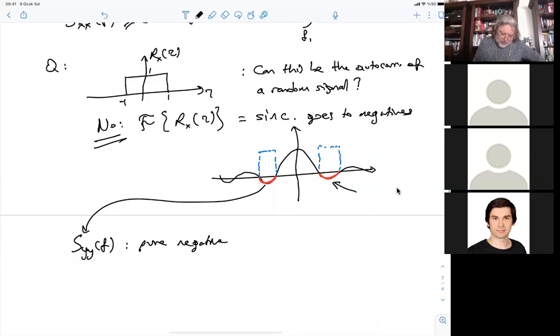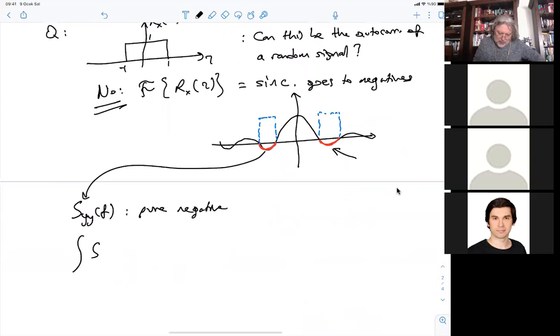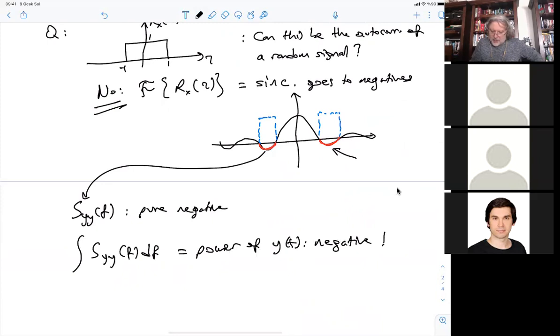And then when you integrate SYY of f to find the power of Y, it will be negative. And that is not possible. That's why you always have to have a power spectral density that is strictly positive.